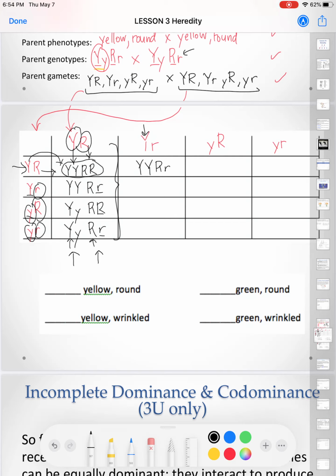And if you follow along, we can do the rest of the gametes, or the zygotes here. Okay, so we see a lot of combinations here. I'm going to erase all this stuff here so we don't get mixed up.